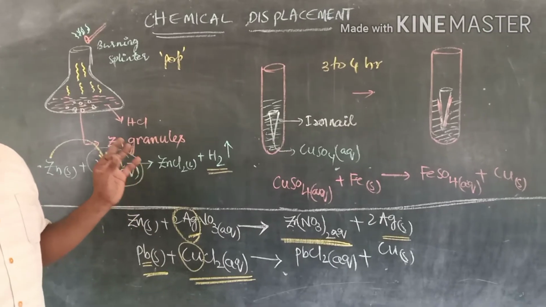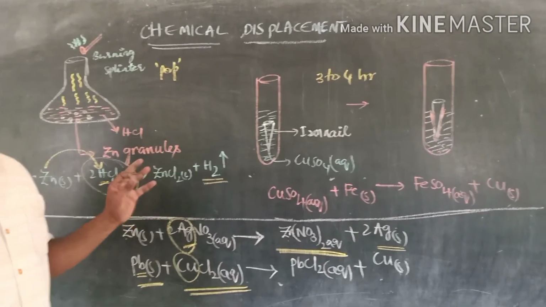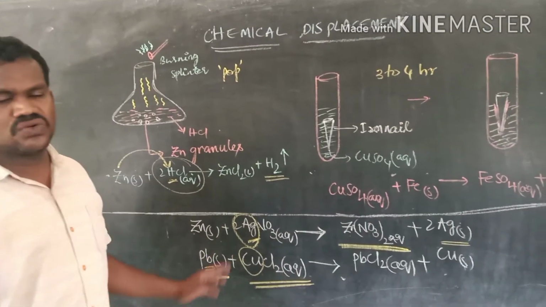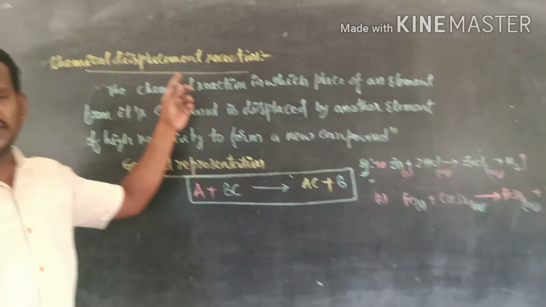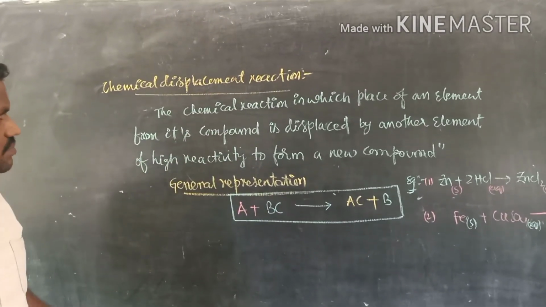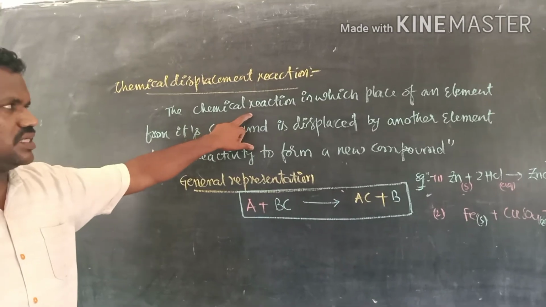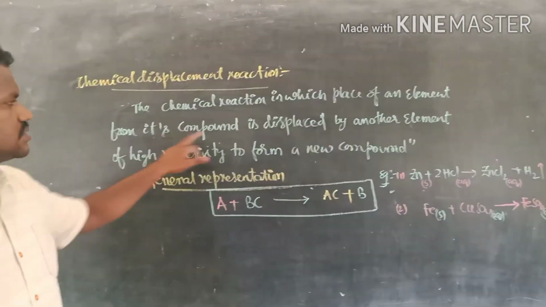What is the definition of the displacement reaction and what is the general representation of the displacement reaction? We may discuss now. See the definition of a chemical displacement reaction: the chemical reaction in which the place of an element in its compound is displaced.